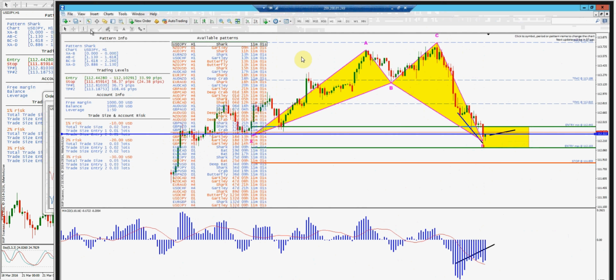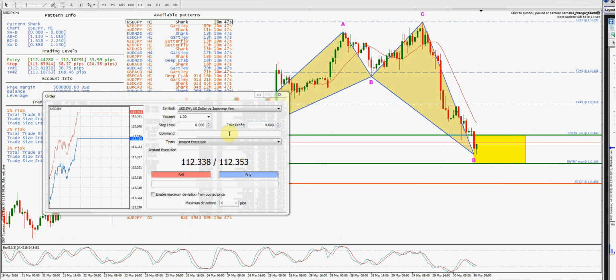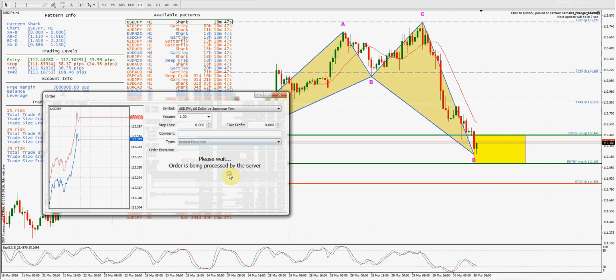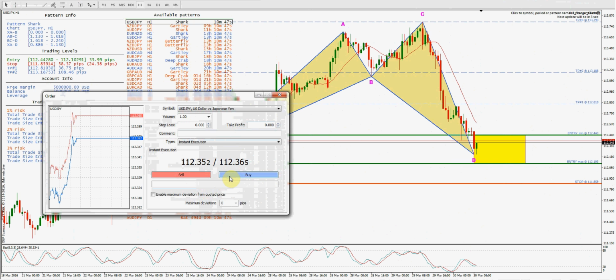Your stop is going to be down here, at 111.86. I like the buy side, guys. Trade it higher.